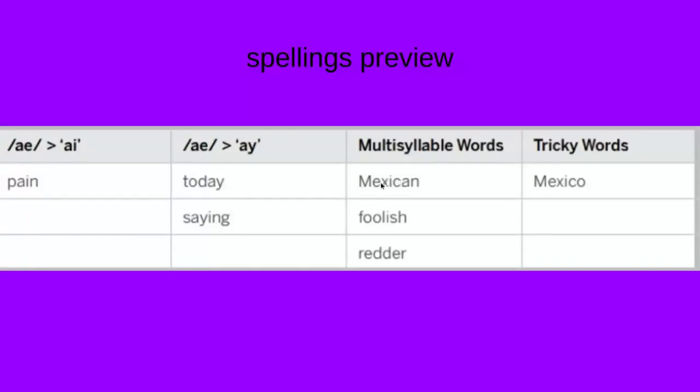Multi-syllable words: we have Mexican, foolish, redder. And our tricky word is Mexico. It's tricky because the O at the end makes the O sound.